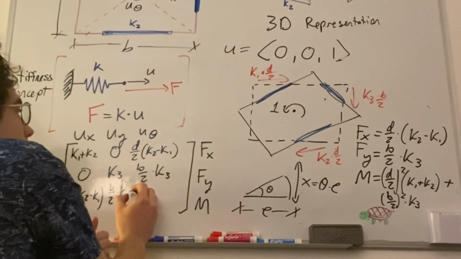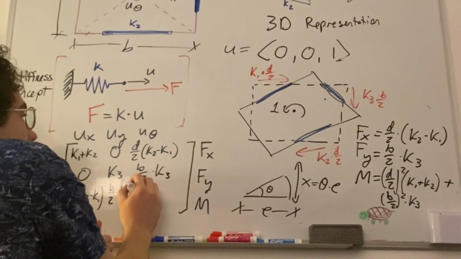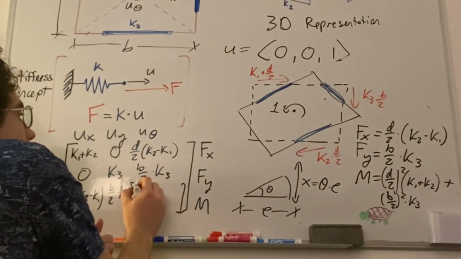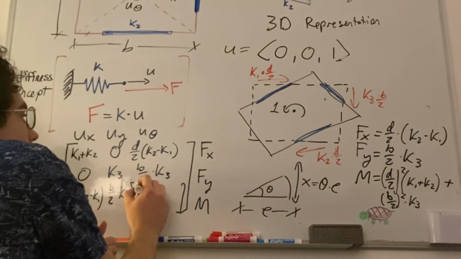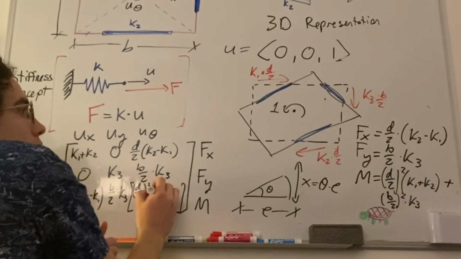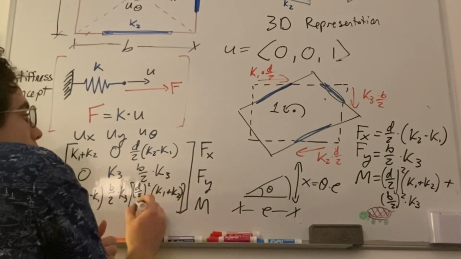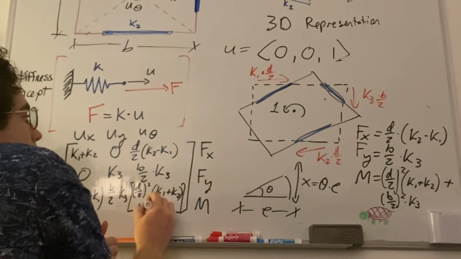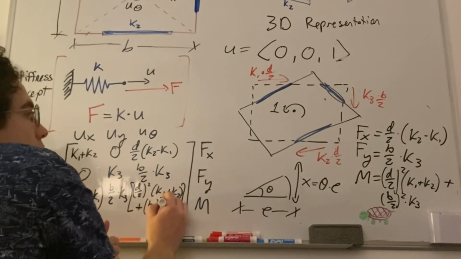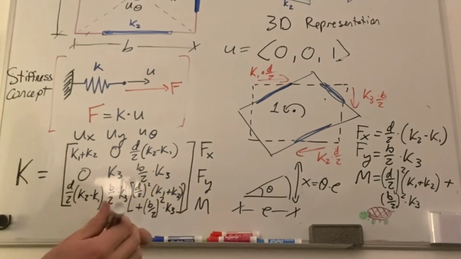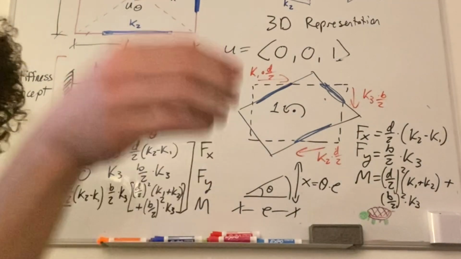And then this one, I'll put it in brackets here so that we don't get confused: D over 2 squared times K1 plus K2 plus B over 2 squared times K3. So that is the full stiffness matrix right there.